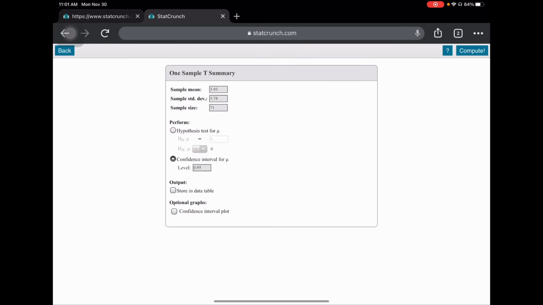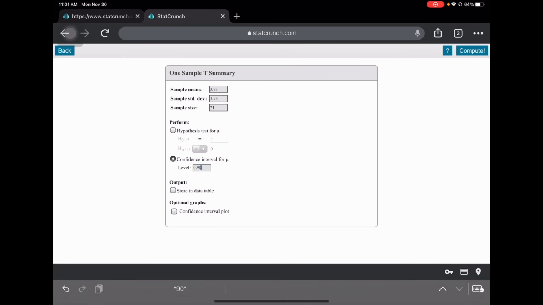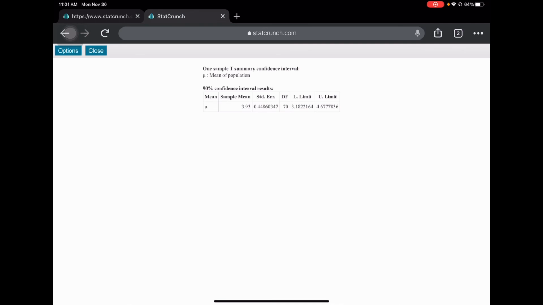We're doing a confidence interval for 90% confidence, and we're calculating. This gives us a lower limit of 3.182 and an upper limit of 4.678. This tells us our standard deviation, our standard error, our degrees of freedom, and our sample mean.